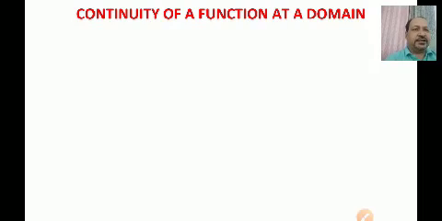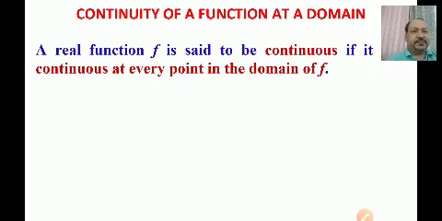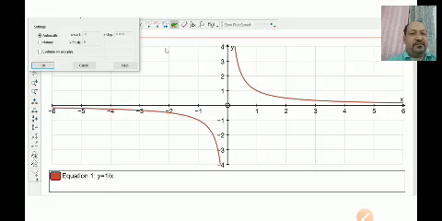Continuity of a function on a domain. A real function f is said to be continuous if it is continuous at every point in the domain. This is a graph of y equal to 1 upon x.